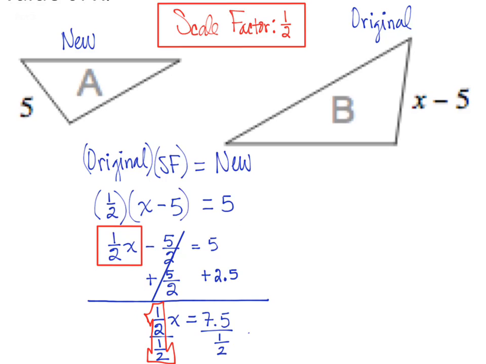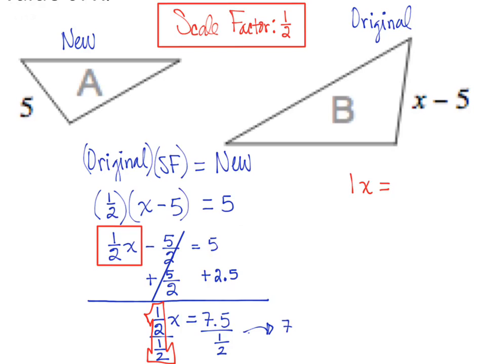So I know now that my equation is so far 1x equals, right? Well, it's going to equal whatever this is, 7.5 over 1/2, otherwise known as 7.5 divided by 1/2. So I can rewrite this, right? I can rewrite 7.5 over 1/2 like this.